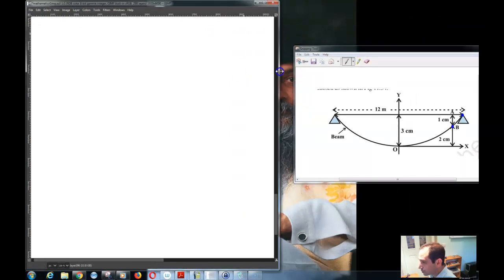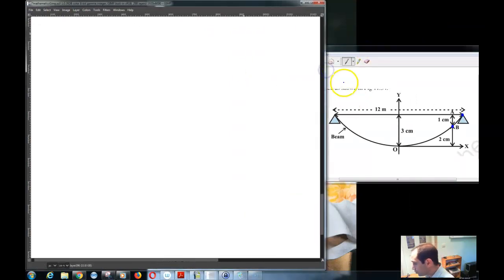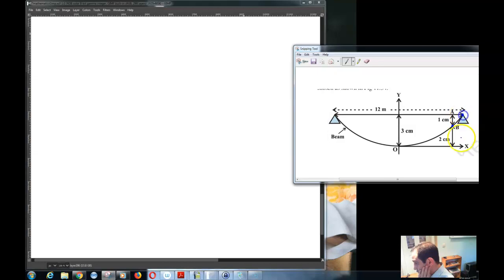If you take this as x and this as y, the coordinate of this point is 6 meters across the x-axis.